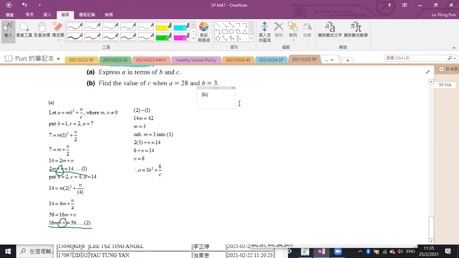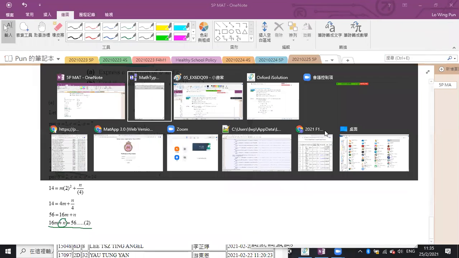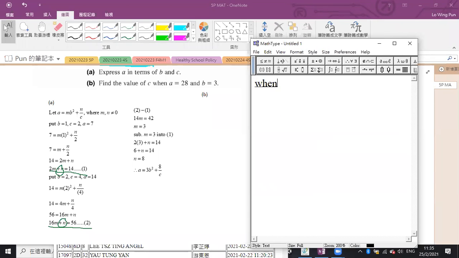Part B: find the value of C when A is 28 and B is 3. Substitute these two numbers into our equation. 28 is equal to 3 times 3 squared plus 8 over C. Calculate slowly. 3 times 3 squared is a pure number, so you may use the calculator.